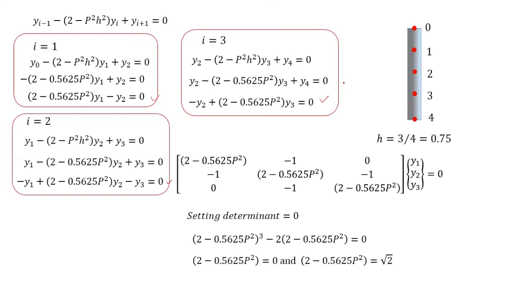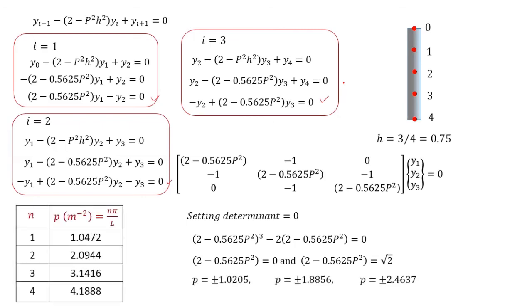By solving this equation, we will get 3 eigenvalues: the first eigenvalue is p is equal to plus or minus 1.0205, the second eigenvalue is plus or minus 1.8856 and the third eigenvalue is plus or minus 2.4637. These three are numerical predictions of our eigenvalues using the polynomial method, and these three eigenvalues are our analytical results.